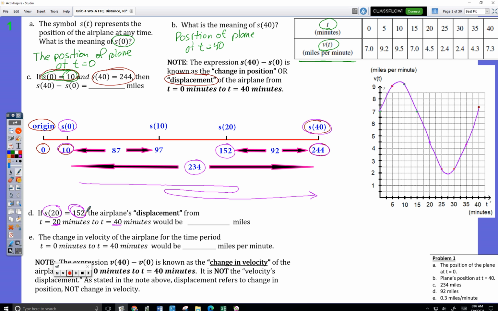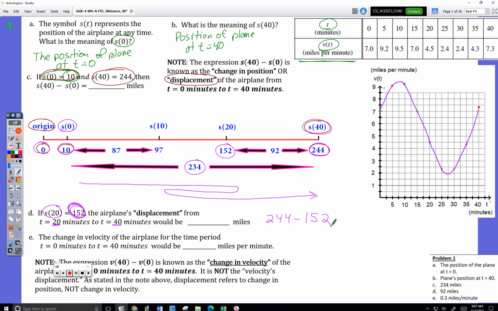The plane was at location 152, meaning 152 from the origin. And now at time 40, the plane's at 244. So displacement's pretty simple. We just determine how different the two locations are. That's what displacement is, just how different the two locations are.